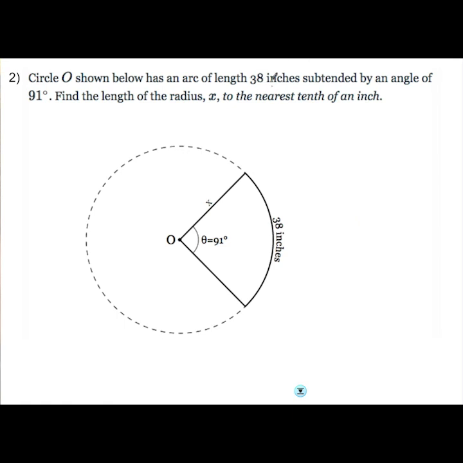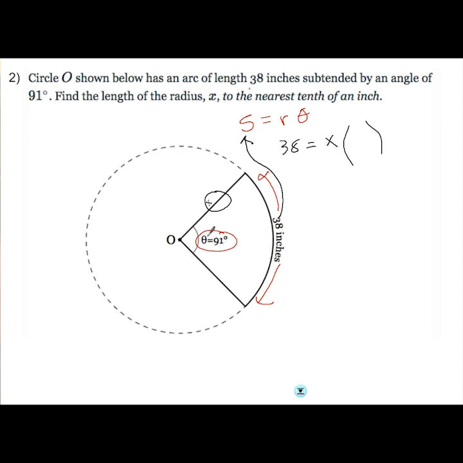Okay, so here's an example. We have 38 inches for our arc length. We have a 91 degree rotation. So we do need to convert that rotation. So S equals radius times the rotation in radians. So arc length in this case is 38, equals what we don't know times this value as radians.